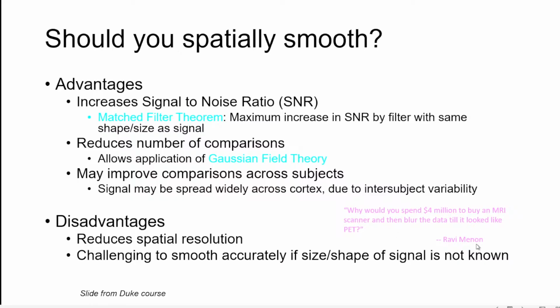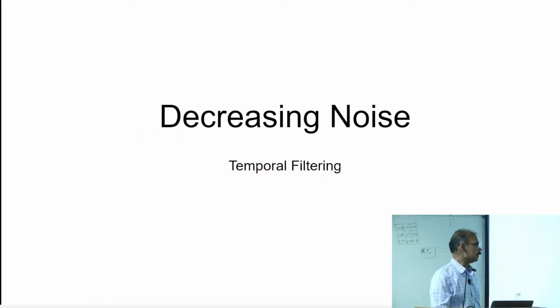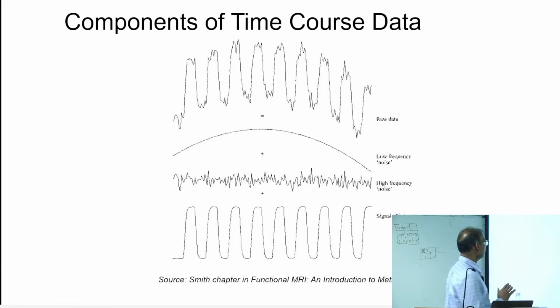So the other way to reduce noise is by temporal filtering, right? As we have discussed, with Fourier transform, if we have, let's say, a signal like this, we can decompose it into a sinusoid, random noise, and a low frequency noise. And maybe one could also have had a linear drift, but this is how you can decompose the noise, right?